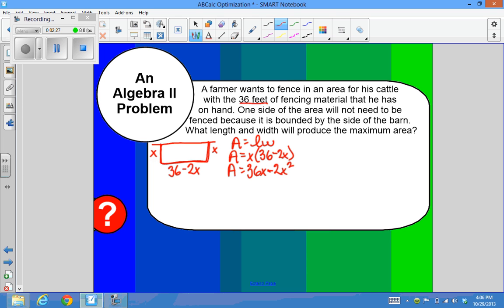From there, what you did was you recognized that this was a parabola that was turned upside down, and so you needed to be able to find the vertex. And wherever the vertex was, the x value was going to be your width right here, and the y value was going to be your area.